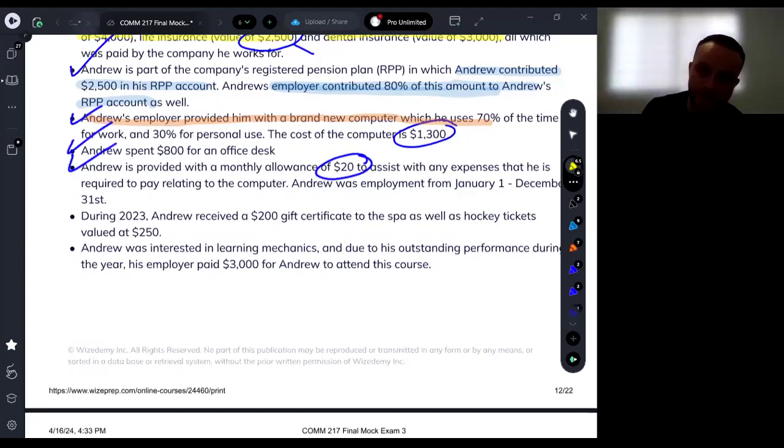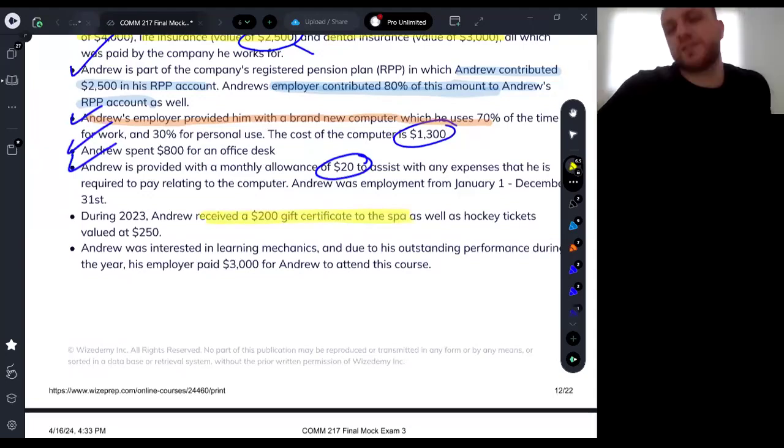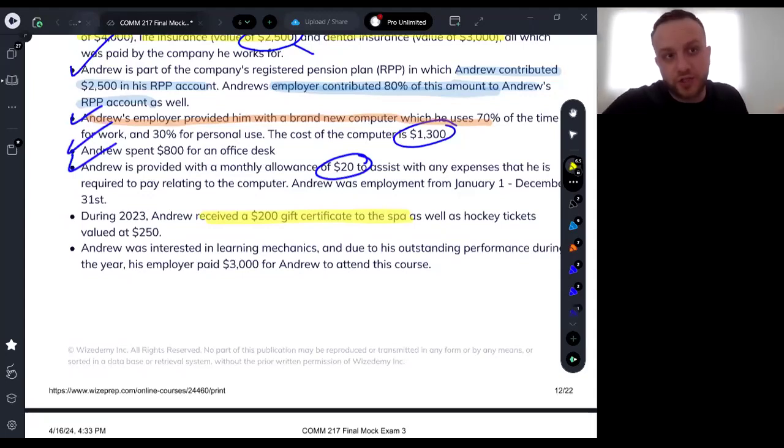The spa. Yeah, why? Because it probably has nothing to do with work. Not that it has nothing to do with work, it's that it's cash or near cash, like we said in the notes. So gift cards are considered cash. Because if you get a gift card, what are you doing with it? You're spending it. So it's as if he has an extra $200 that year. So he's gonna be taxed on this. That was the trap.